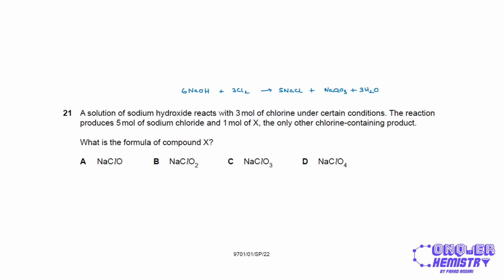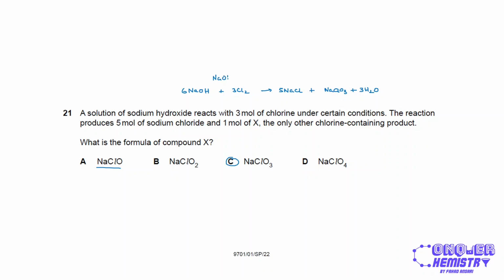So we know that if we have hot concentrated NaOH, this will react with chlorine to give you 5 NaCl and NaClO3. The other case of cold dilute NaOH will give you NaClO, but for that, we know that NaOH will only react with 1 mole of Cl2.